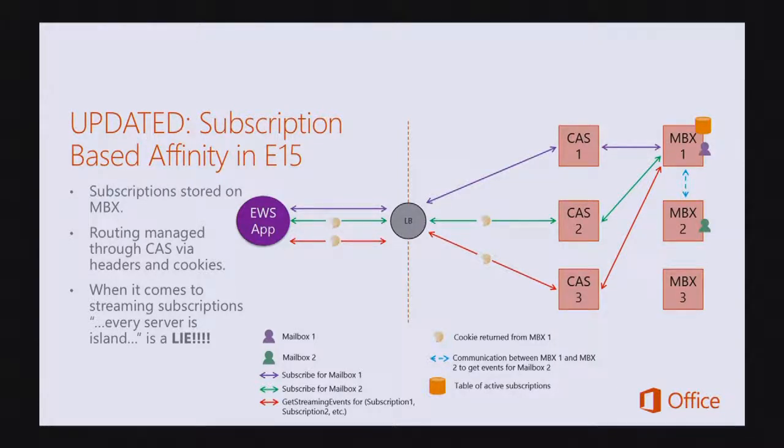So now we have an interesting situation because mailbox 1. So user 1 here, the purple user, is on mailbox 1. The green user, our second subscribe, is actually on a different mailbox server.